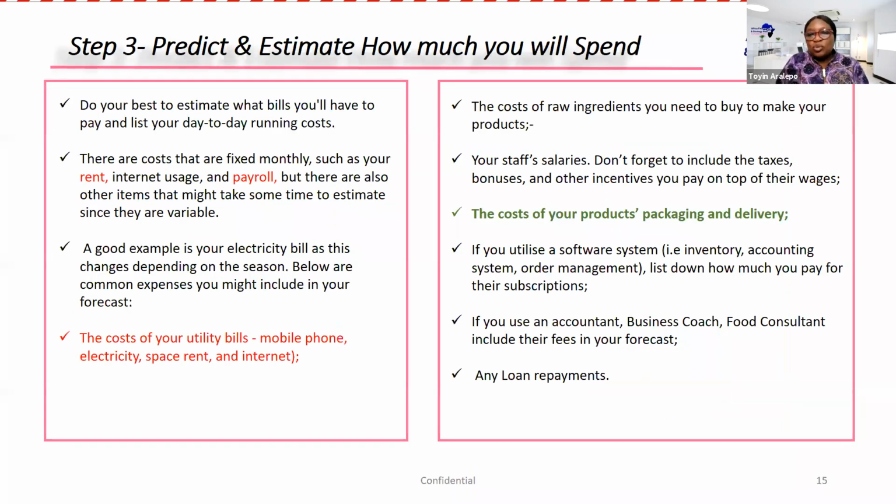Now, the next thing you need to do is estimate how much you will spend. After looking at how much you're expecting from your customers and when, you now need to look at how much you are going to spend and when, the timing as well, right?